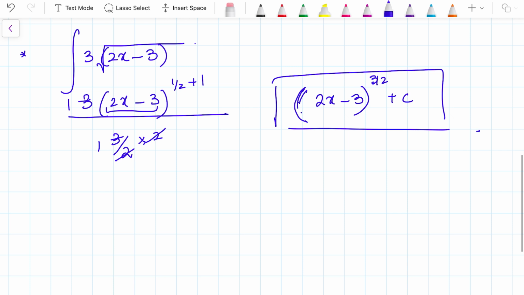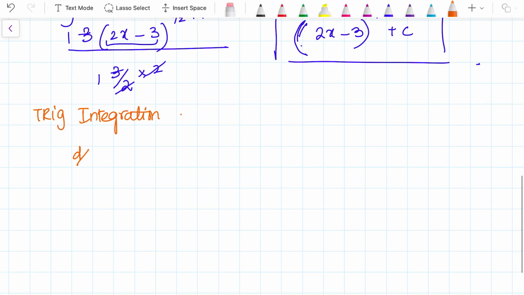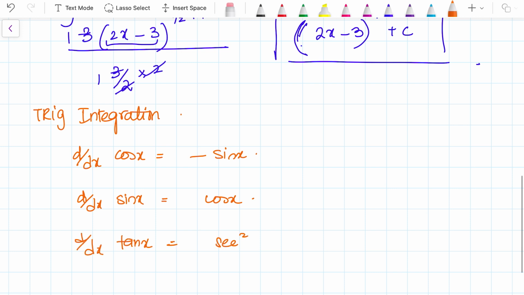Now, let's move on to the trigonometric integration. So I'll link it up to the concept of differentiation. We know that the differential of cos x is a minus sin x. We know that the differential of sin x is a cos x. And we know that the differential of tan x is a sec square x.